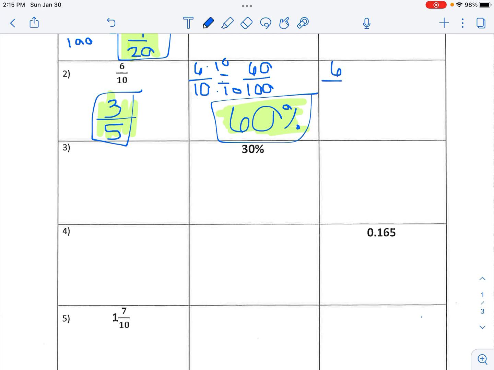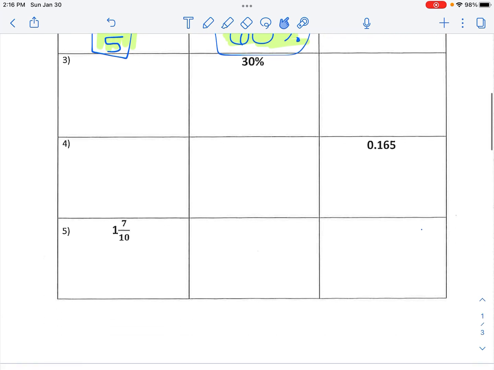Let's go back to the fraction that we started with, 6 tenths. The decimal for 6 tenths is written as 0.6. So there are your 3 answers for number 2. 30% as a fraction in simplest form. So 30% means 30 over 100.